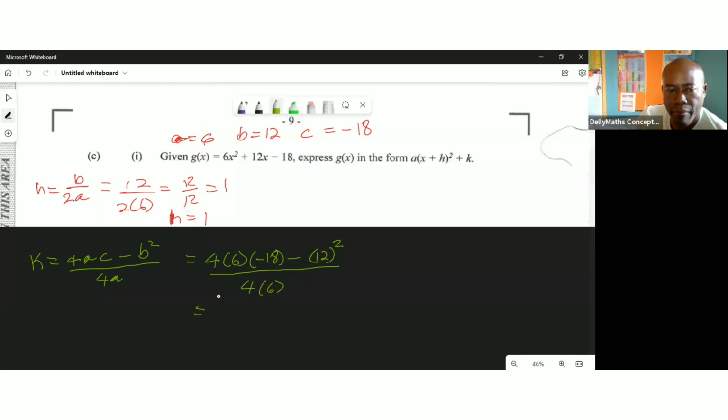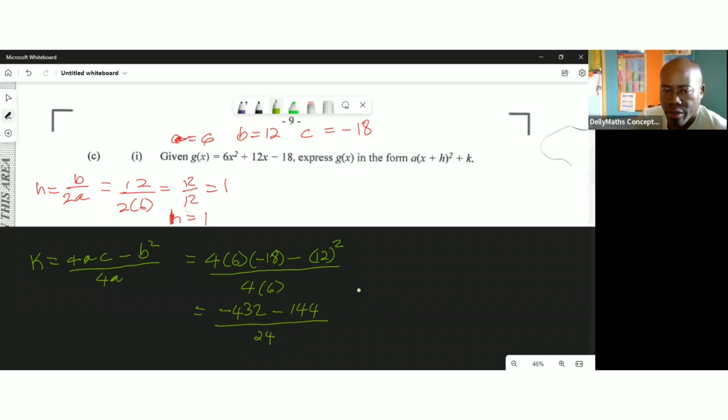If we push further, we're looking at getting out these values, negative 18. So 6 times 4 times negative 18, and we're looking at negative 432 minus 144. That's 12 squared right there. And this is over 24.